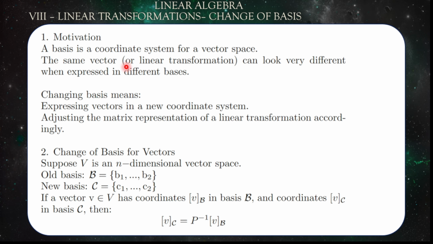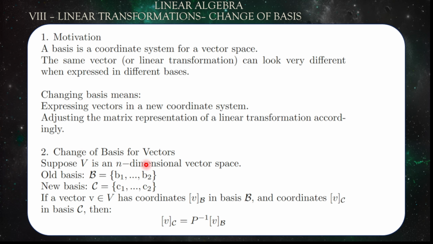All right, so a basis is a coordinate system for a vector space. The same vector or linear transformation can look very different when expressed in different bases. Changing basis means expressing vectors in a new coordinate system, adjusting the matrix representation of a linear transformation accordingly based on this new coordinate system.